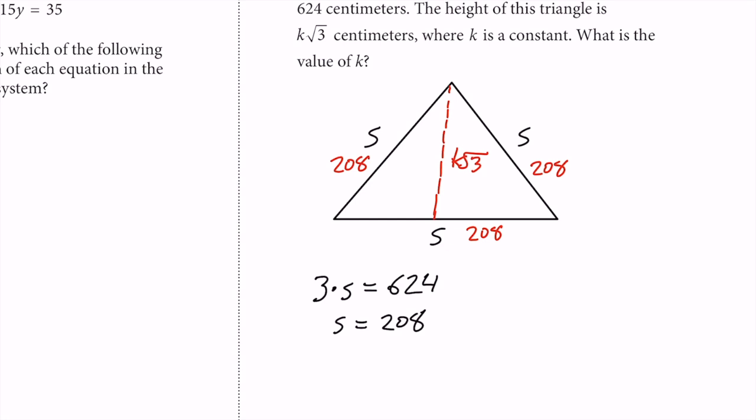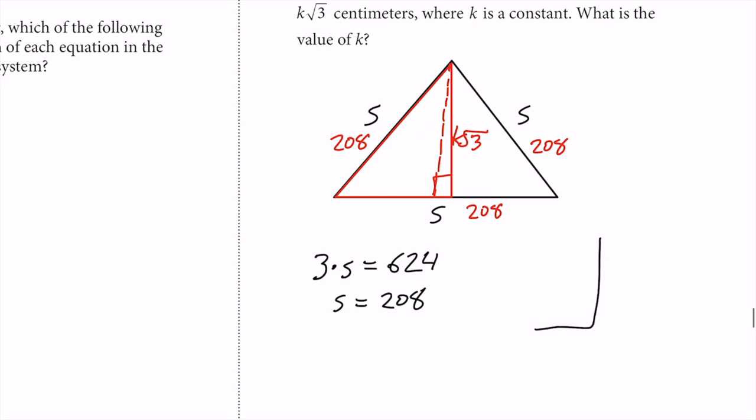And the next step is to identify that this triangle, which I just put here in red, is what's referred to as a 30, 60, 90 right triangle. So when you have a 30, 60, 90 right triangle, the sides have a special relationship to where if the hypotenuse is 1, the shortest side is 1 over 2, and the other side is root 3 over 2.